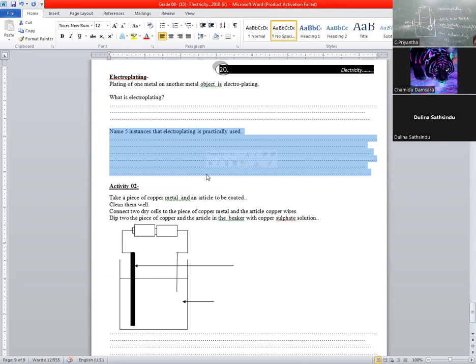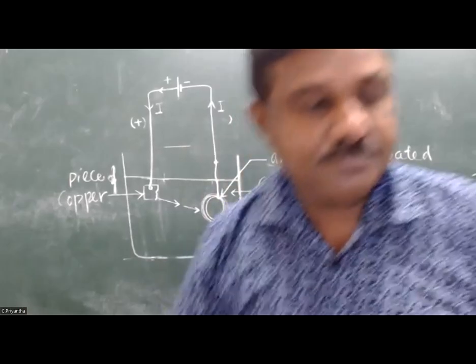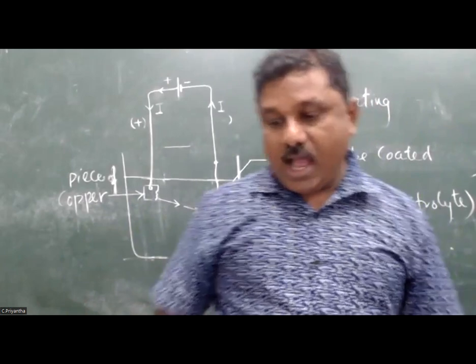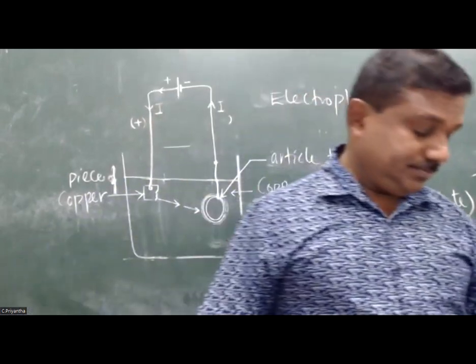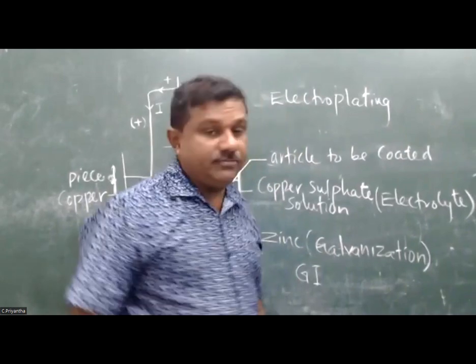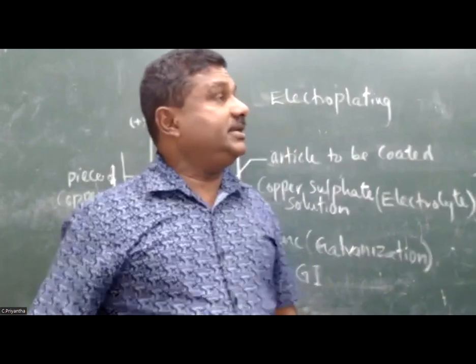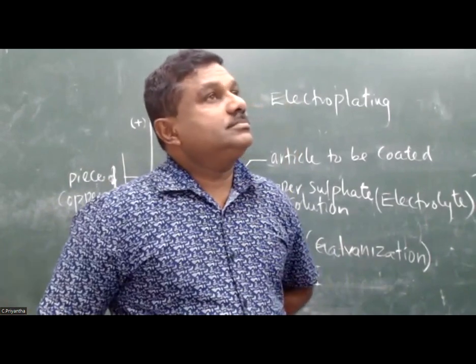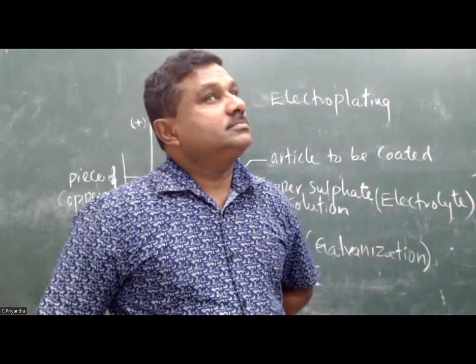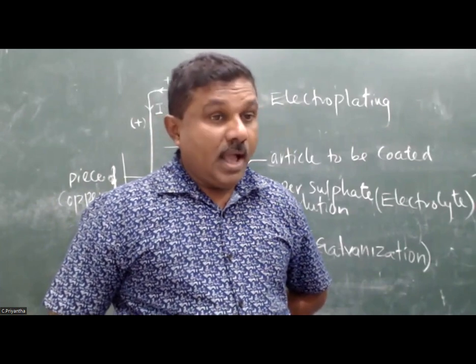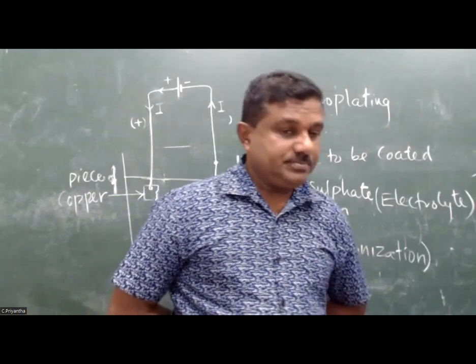Next one: plating of tin metal on iron containers, iron vessels. Plating of nickel on iron bars, bicycle handles again.